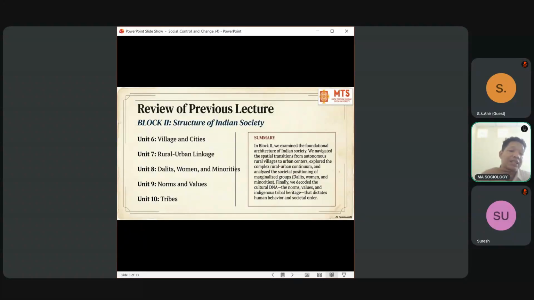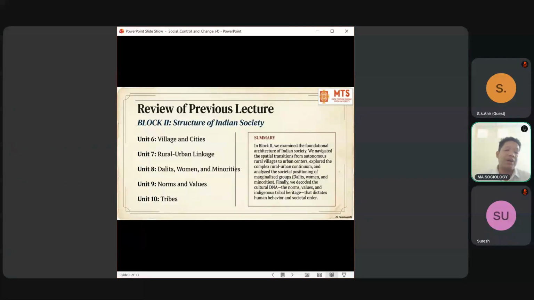But sociology as a subject tries to interrogate why, because as a discipline it tries to analyze, interpret, and critically analyze society. And in unit 9 we studied norms and values. Then unit 10, tribes, which is also one of the units of your block number 2.